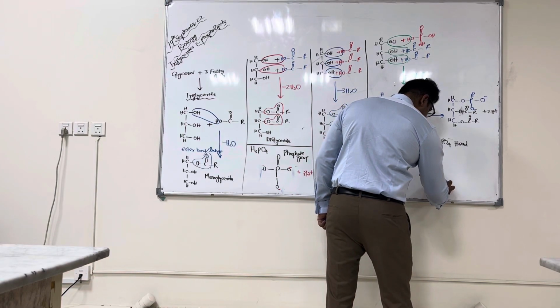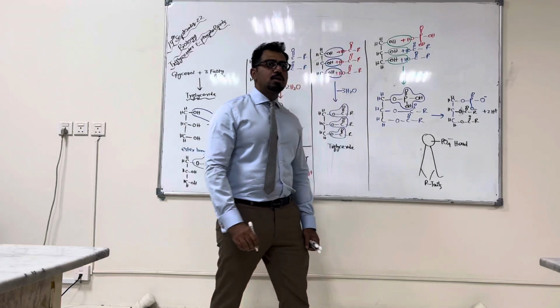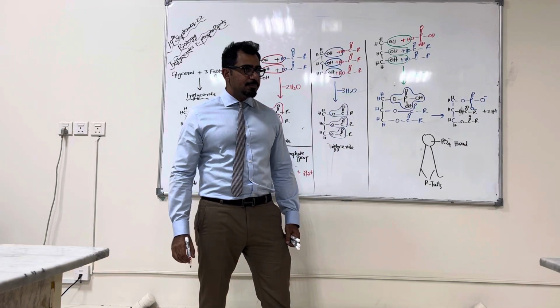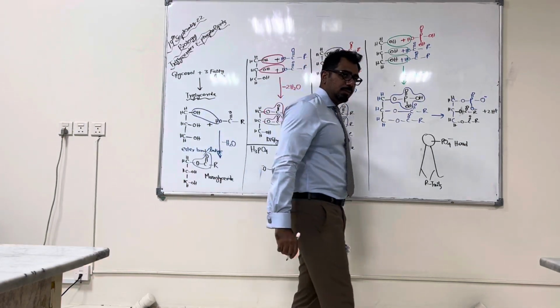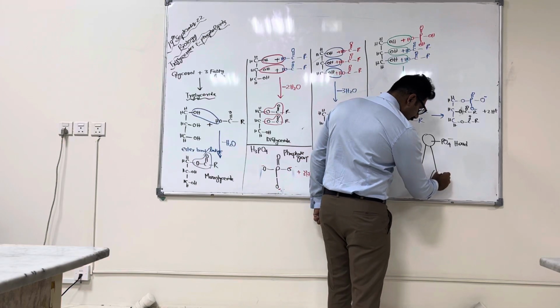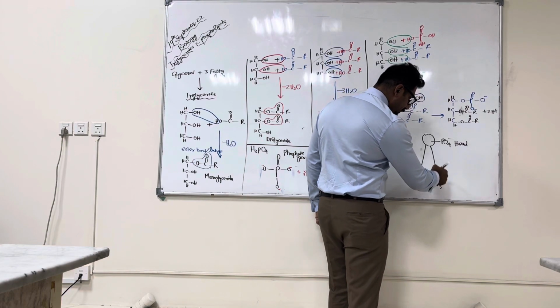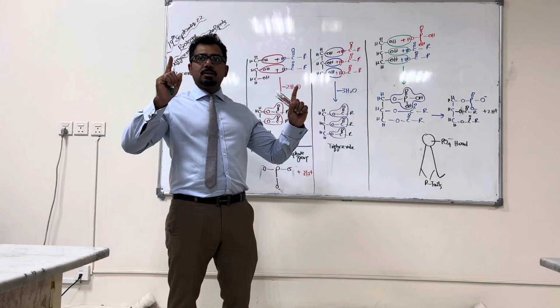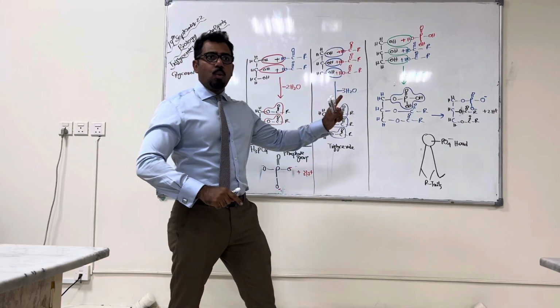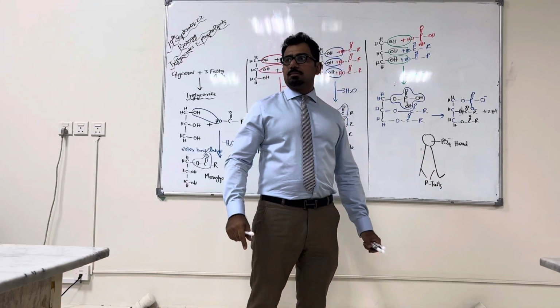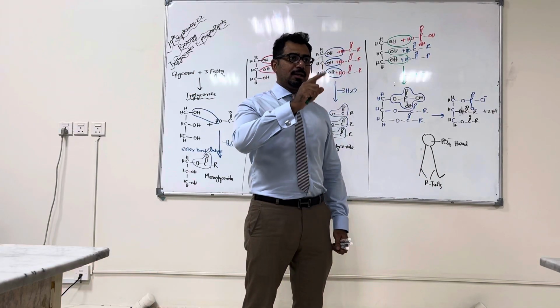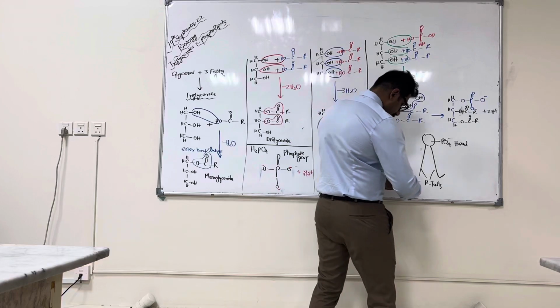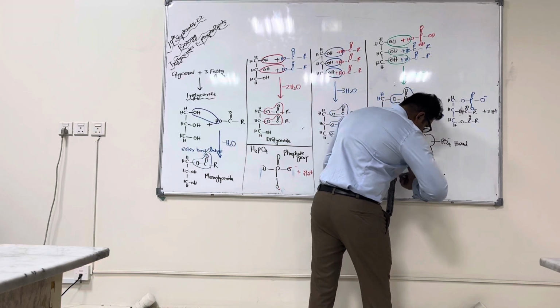R tails. Hydrocarbon tails. Understand? Now, if you see, I made a bend over here. Who will tell me, remembering yesterday's lecture, why this bend is over here? Yes? Double bond. Excellent answer. Because over here, we have a double bond.